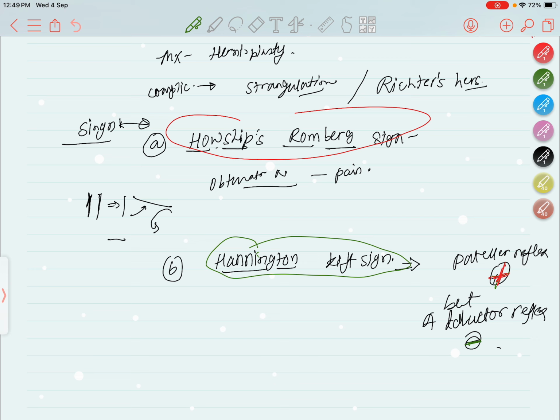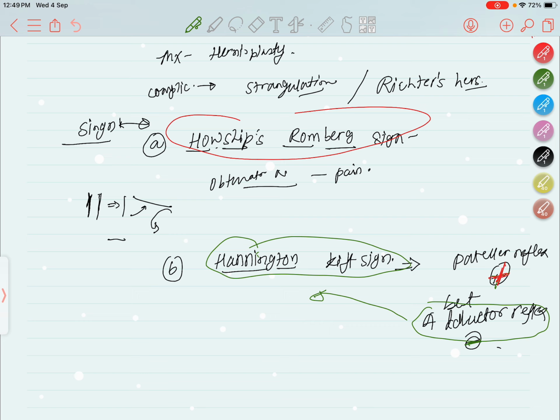Here is what happens in the adductor reflex. The adductor muscle is stretched by the sudden movement, which means we are abducting, and this stretching activates the muscle spindle in the adductor magnus muscle, which sends a signal to the spinal cord. The spinal cord responds by sending a signal back to the adductor magnus muscle, causing it to contract.